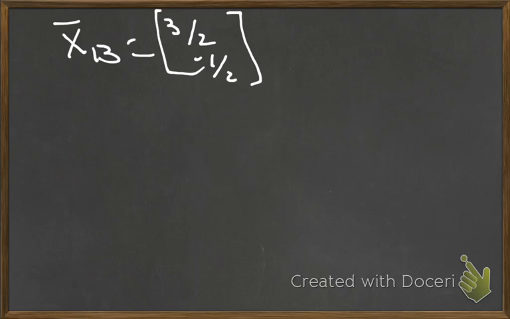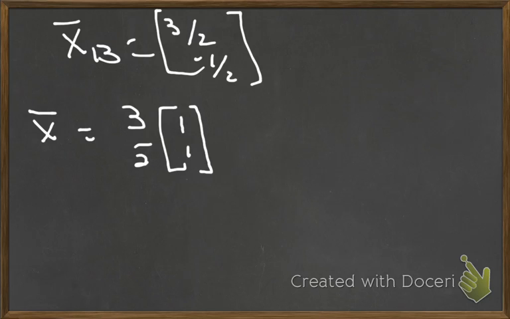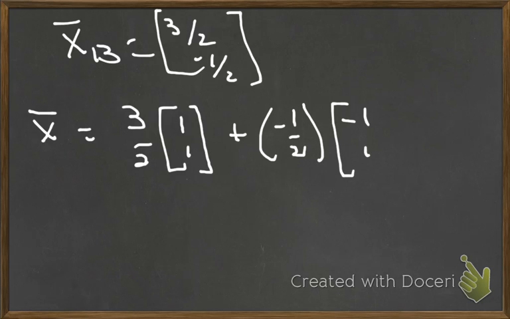If I remember those basis vectors from B, because I want to see what this looks like in terms of the standard basis so I can compare, it's going to be 3/2 times the first basis vector, which was (1, 1), plus -1/2 times the second basis vector, which was (-1, 1). Adding those together, I get 3/2 plus a half, which is 2, and 3/2 minus a half, which is 1.